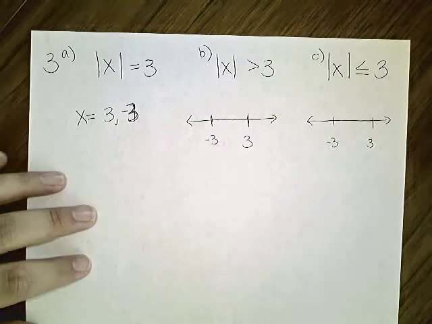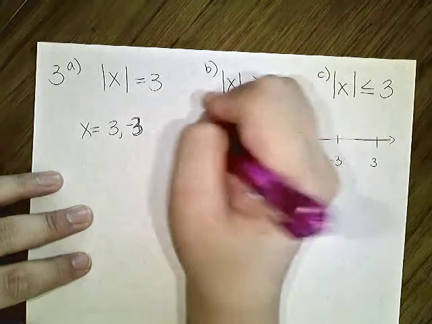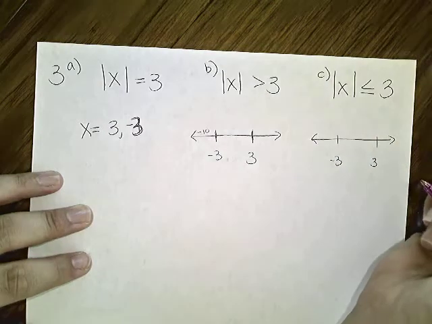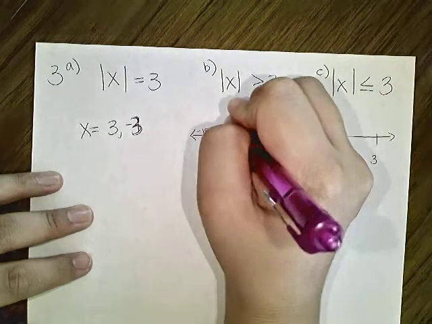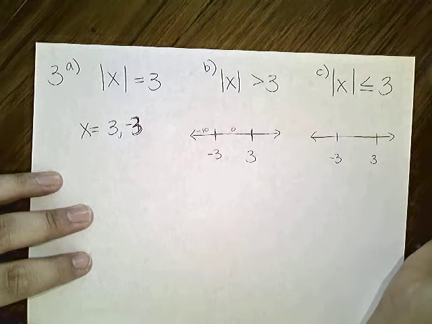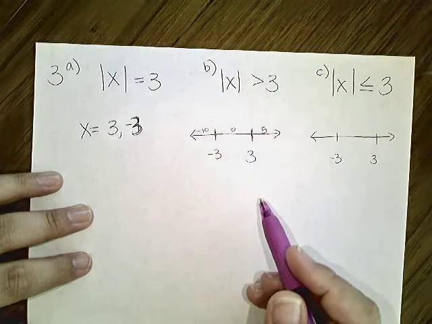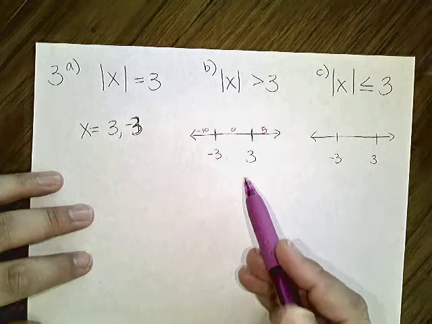I'm going to pick negative 10, which is below negative 3, 0, which is between negative 3 and positive 3, and positive 5, which is greater than 3. I'm just going to substitute each of them individually.